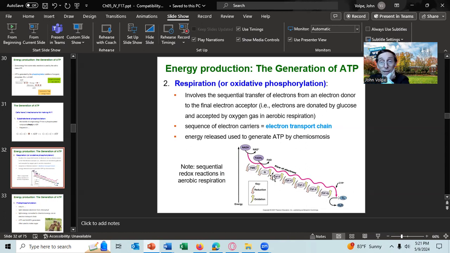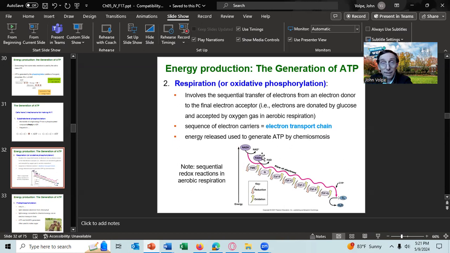And along the way, energy is given off. And then at the end, energy is released to generate ATP. And that happens in the third step of aerobic respiration, which can be called chemiosmosis. I'll call it the electron transport chain because it has many different names.